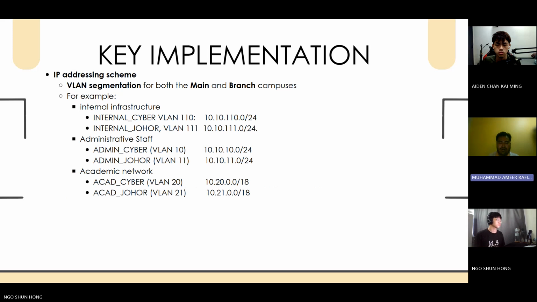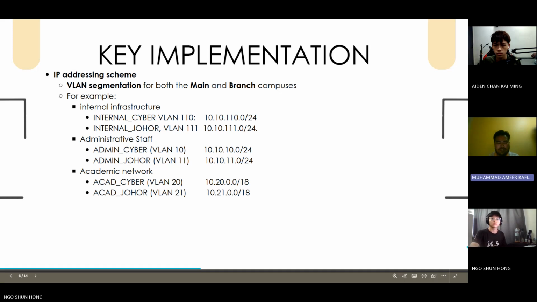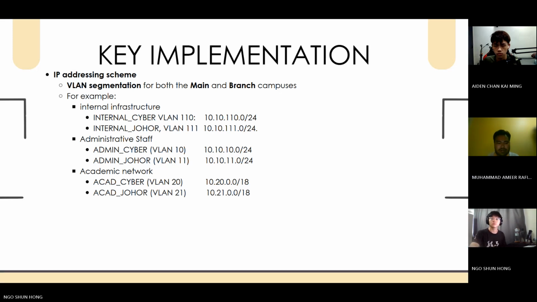So our IP addressing is based on the VLAN number. Take for example the internal infrastructure. Internal Cyber has a VLAN of 110, and it has the IP address of 10.10.110.0.